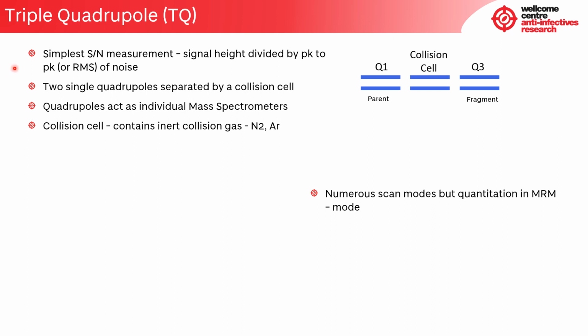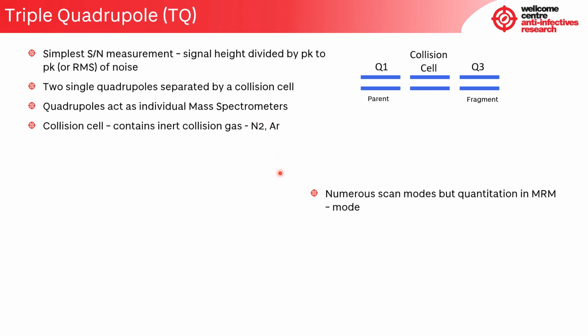A triple quadrupole consists of two single quadrupoles, Q1 and Q3, separated by a collision cell. Q1 and Q3 can act as individual mass spectrometers and do different experiments such as scanning or single ion monitoring. The collision cell usually contains an inert collision gas such as nitrogen or argon to aid in fragmentation.